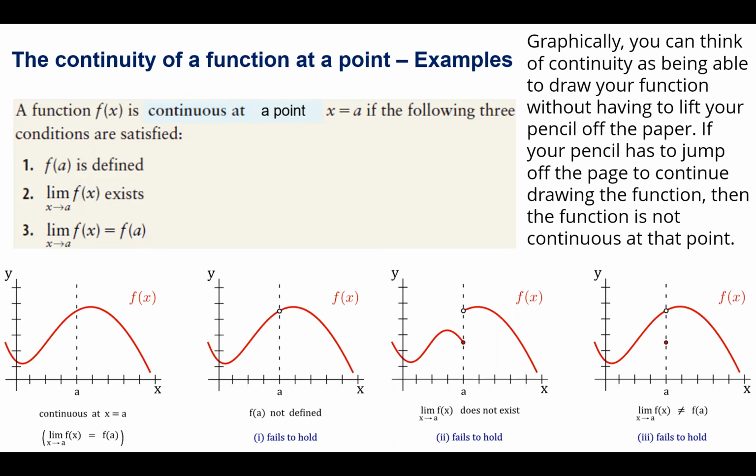Next, the limit of f(x) when x approaches a is also defined. Third, the limit of f(x) when x approaches a equals f(a). Therefore, we say that function f(x) is continuous at the point when x equals a. Understand? Okay, then let's have a look at the second graph here.